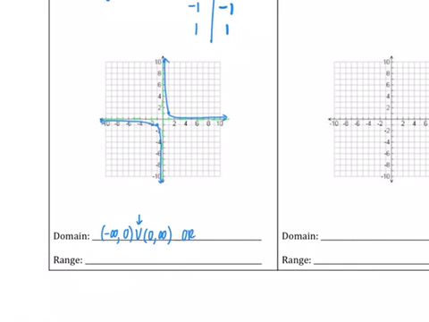Or you could also write it as -infinity to +infinity, x can't be 0. That's another way of writing it. I would prefer the first way, but that's just my personal preference. And then the second one, the range, -infinity, again, we're stopping at the y value 0, and 0 to infinity.